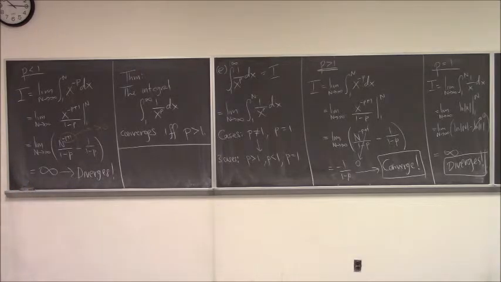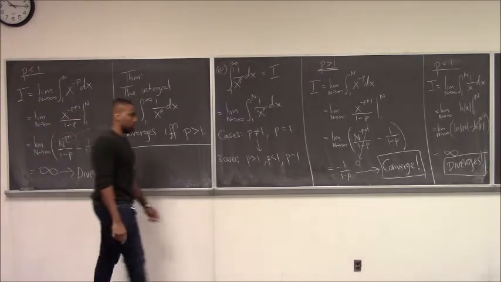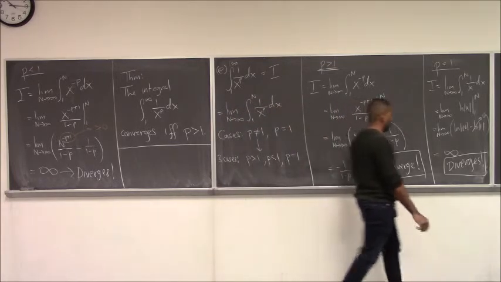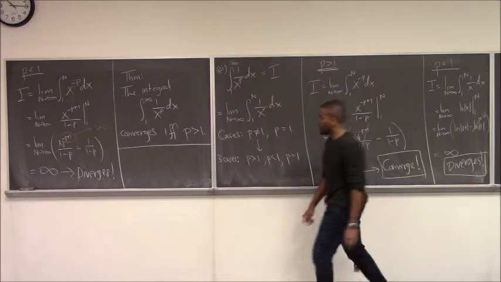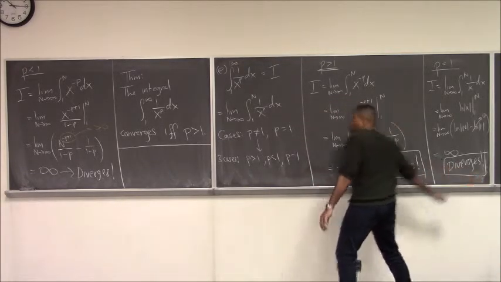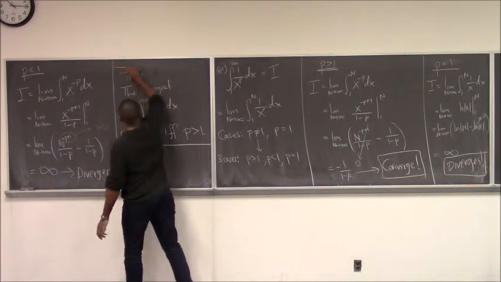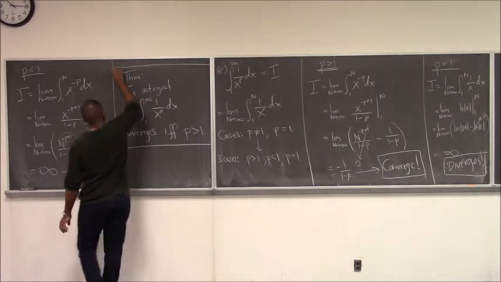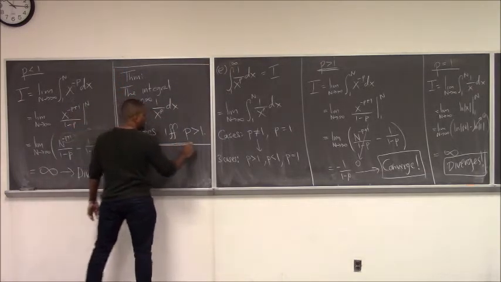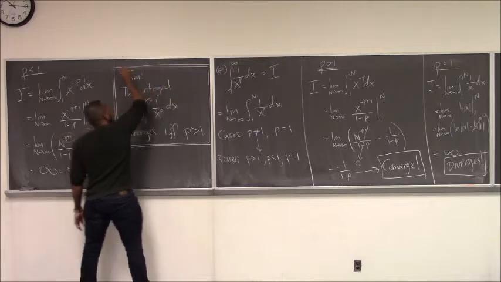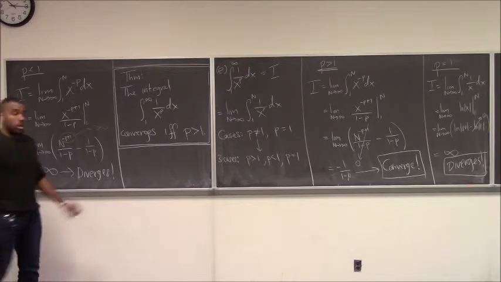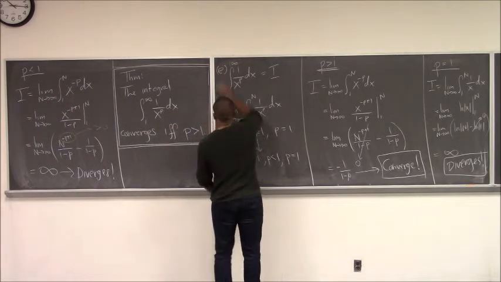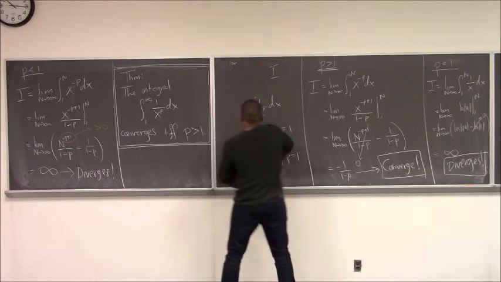If your p is not larger than 1, it will diverge. So that's a very important thing. A very big reason why that's important is because of another idea.